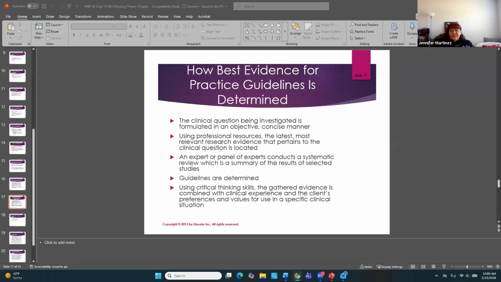And there's lots of other projects out there, like NCSBN, which also looks at different things when we're looking at nursing programs. There's lots of other organizations, like the Robert Wood Johnson Foundation and other foundations out there that are always promoting research to try to identify the best treatment options for people.